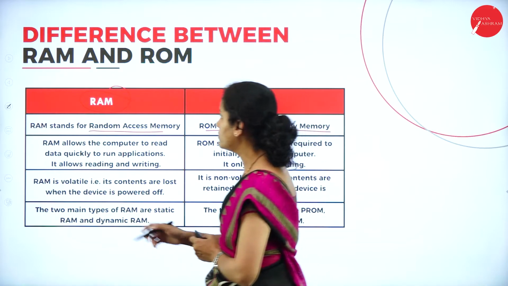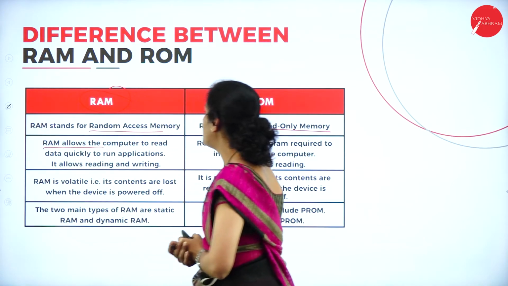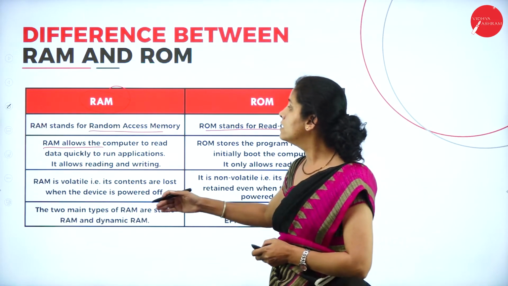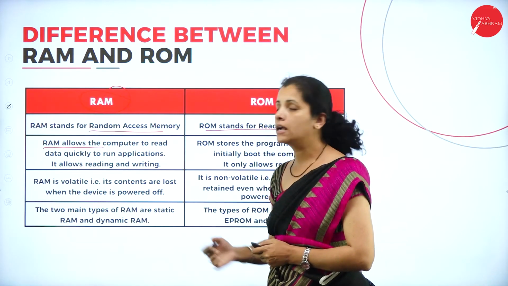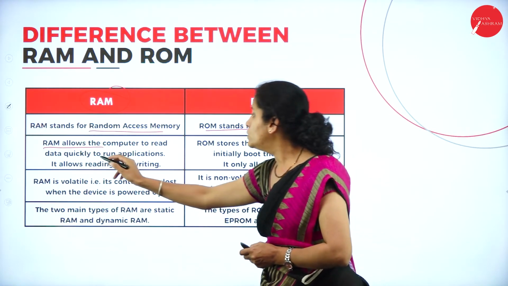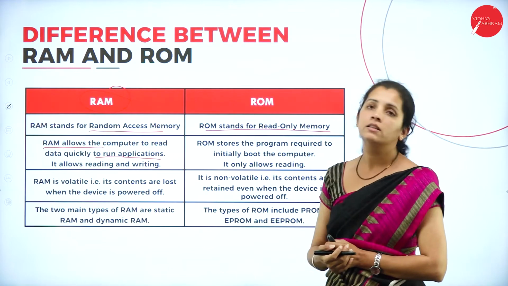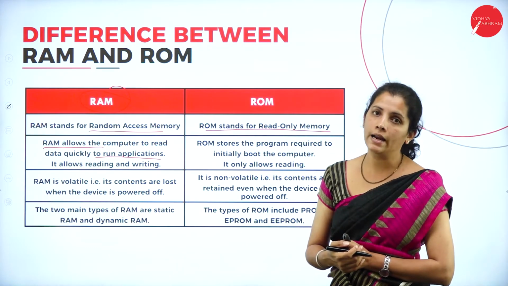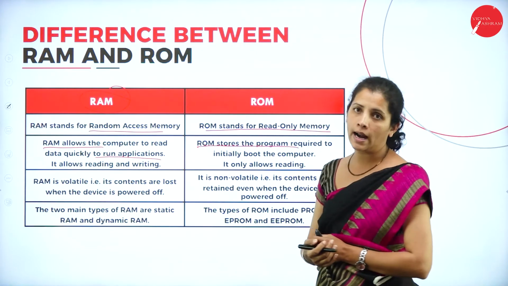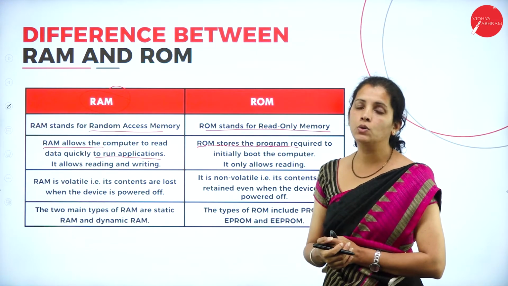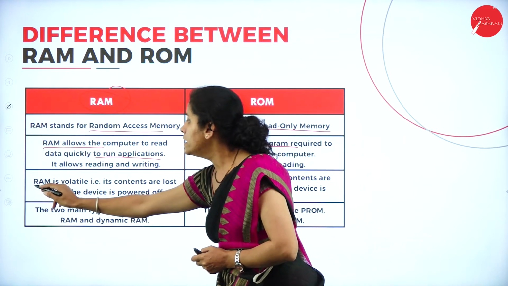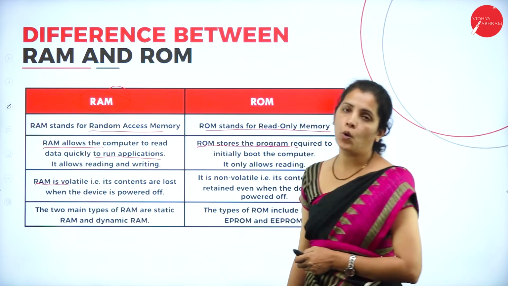RAM allows the computer to read the data quickly. To run applications, it allows reading and writing, whereas ROM stores the program which is required to start up the computer system.